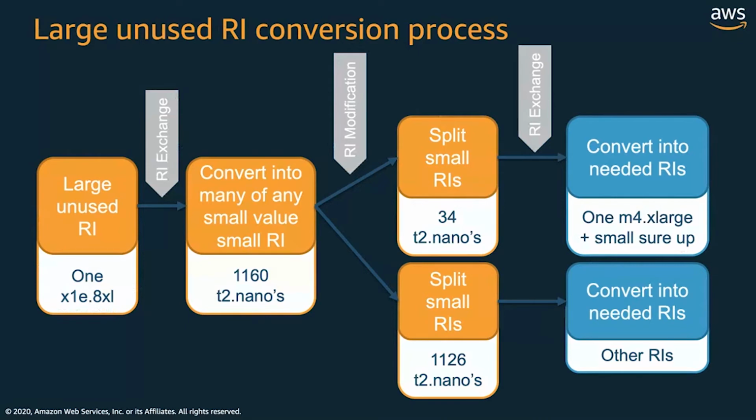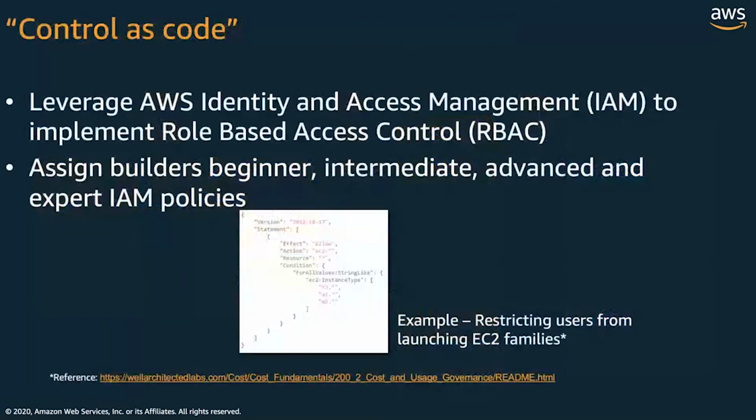So we have the ability to exchange reserved instances even after they're operational, and modify those instances, splitting maybe a larger instance into a number of much smaller instances, which is what you can see on the left-hand side of this process, and then do the exchange back at another point in the process, where we're exchanging large numbers of very small instances for larger instances. What we're trying to illustrate here is that this process can work in both directions.